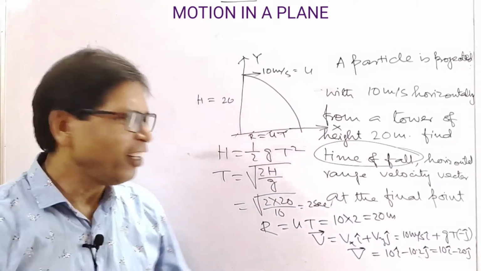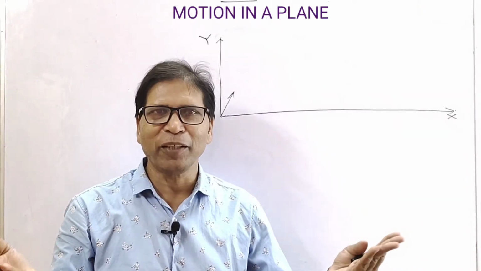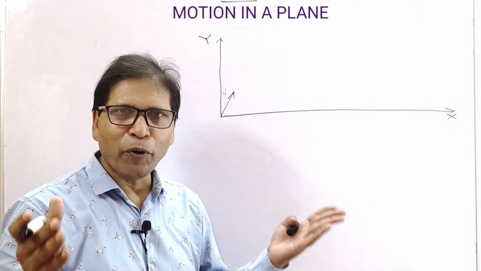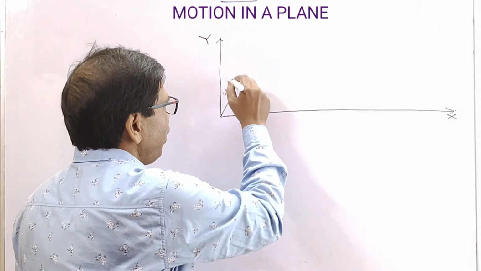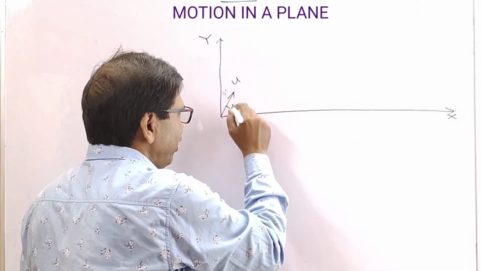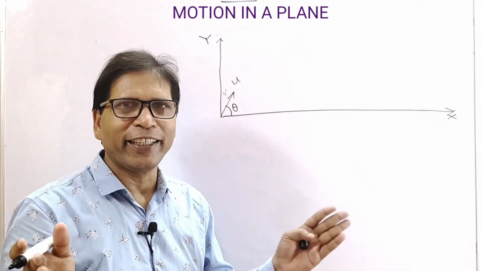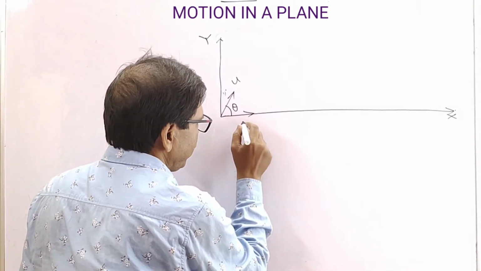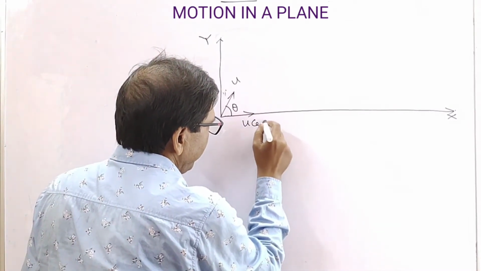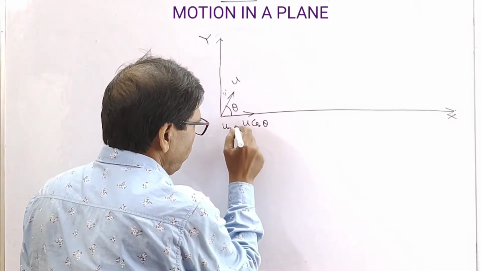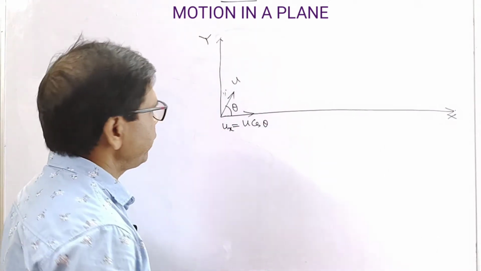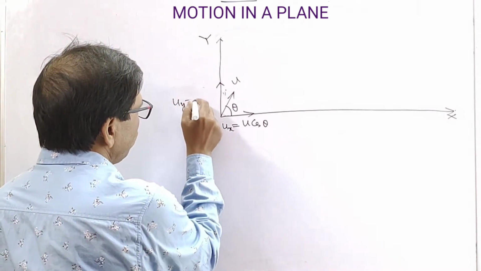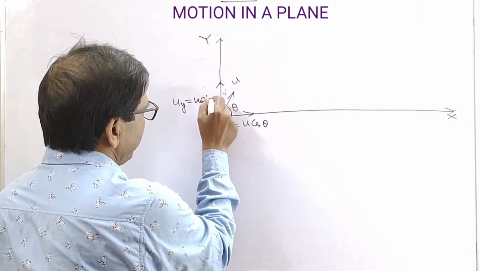Okay, understood? Now projectile motion from the ground. A particle of mass m is projected with velocity u at an angle theta with the horizontal. So the component of velocity along this direction is u cos theta, the initial component along the horizontal direction, and the vertical component of initial velocity uy is u sin theta.